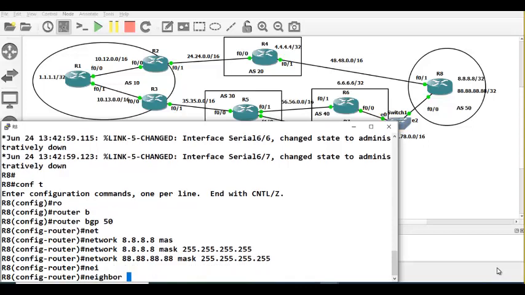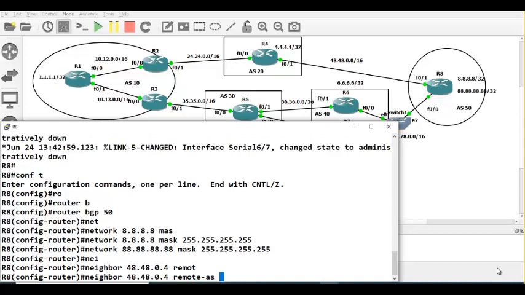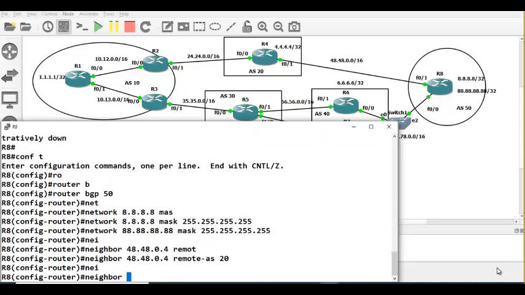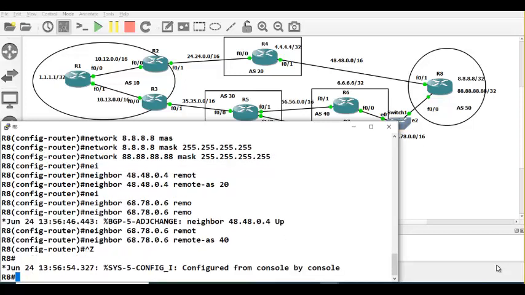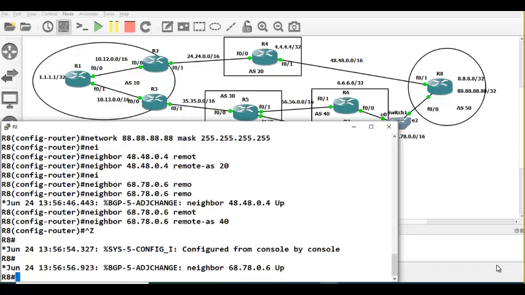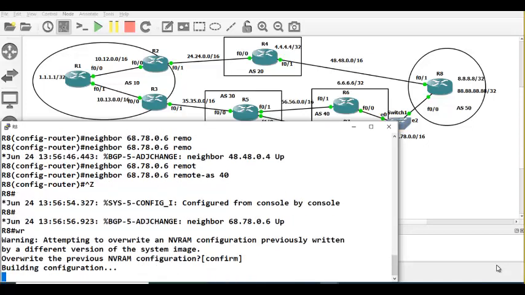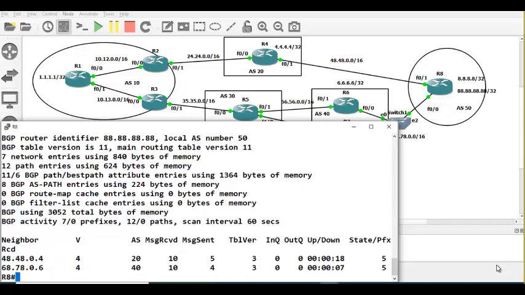And neighbors are, this remote AS is 40. And we are expecting a neighbor now. Yes, it is. See now. Now show IP BGP summary. We got 2 neighbors and 5 networks from each direction.